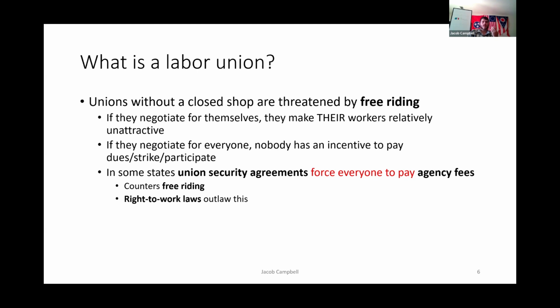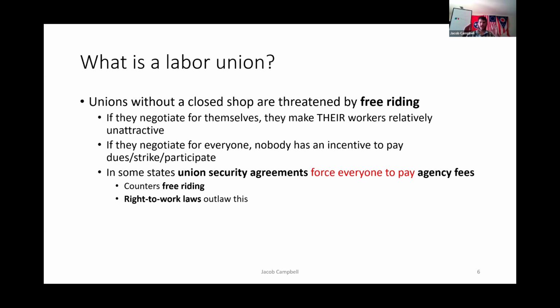Nobody has any reason to pay into it. Nobody has any reason to go on strike and not earn wages if the union's going to strike on their behalf. Nobody has any reason to go to really boring union meetings and do all their politicking if the union's going to do it on their behalf.